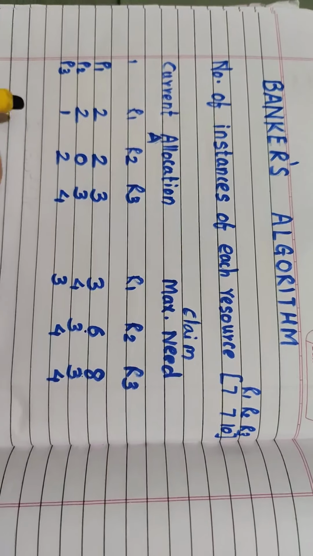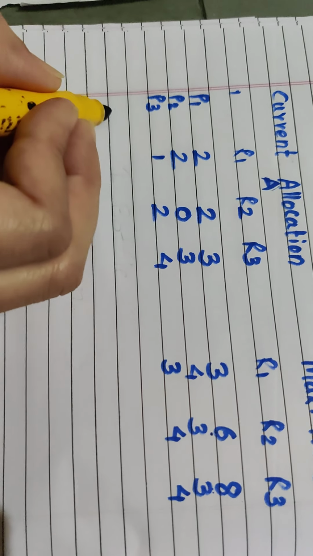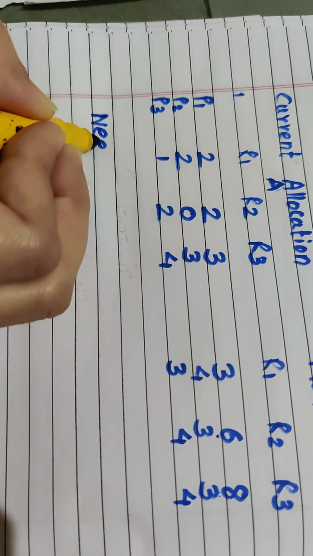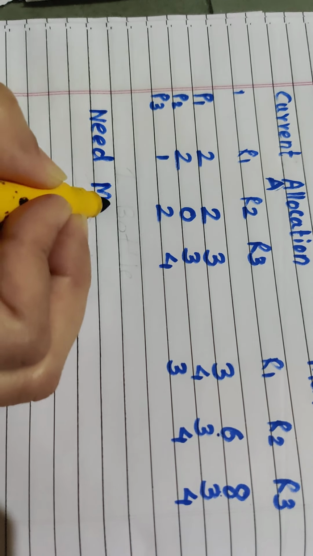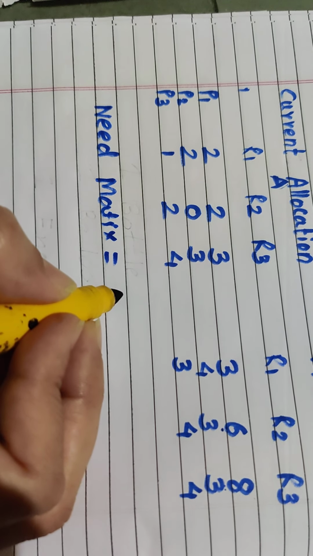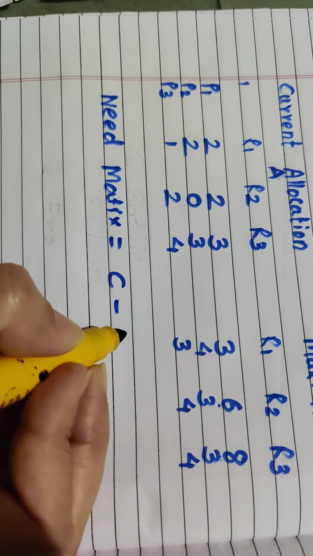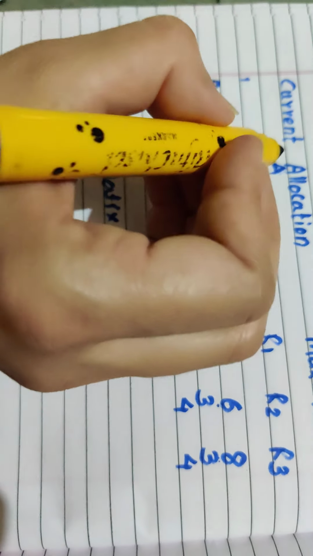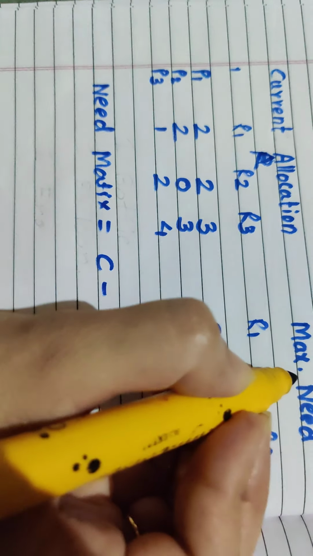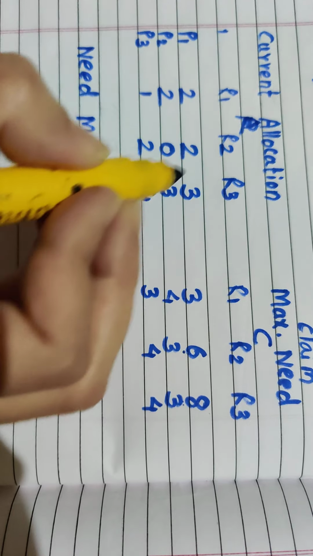Before that we have to calculate the need matrix. The need matrix is nothing but the claim matrix C minus the allocation matrix R. So C minus R we have to consider.